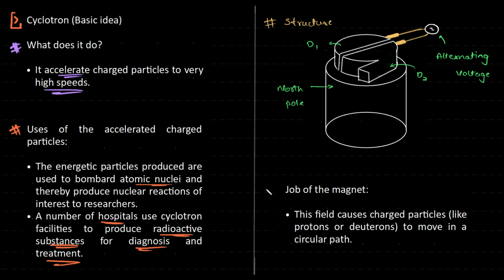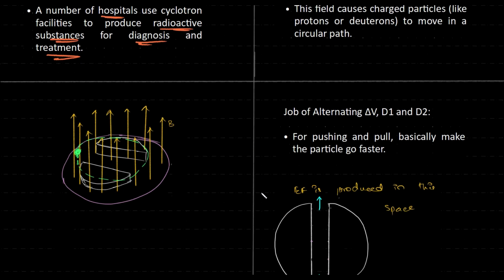Now let's look at the job of a magnet over here. See, let me go to the funda. Let me ask you guys this. Say we have an object and we want it to accelerate as much as possible, right? I'll give you guys two scenarios.